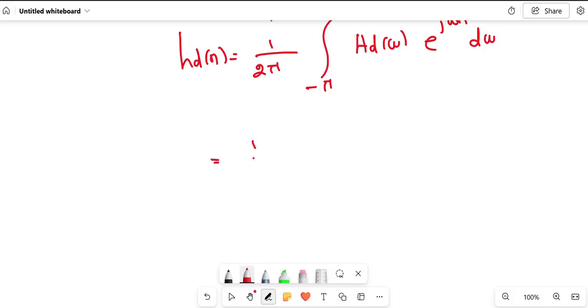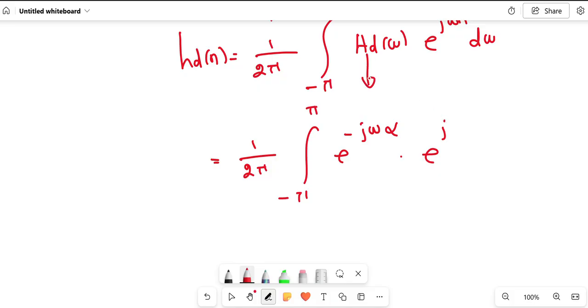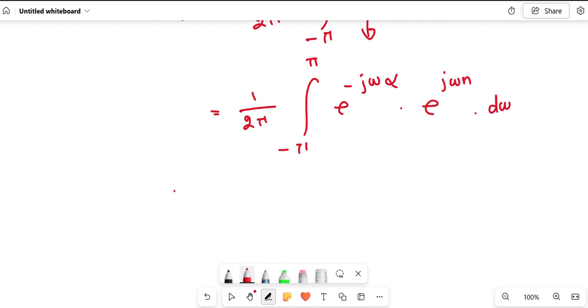Now you can write 1 by 2 pi, minus pi to plus pi, e power minus j omega alpha into e power j omega n d omega. You can split the equation now.